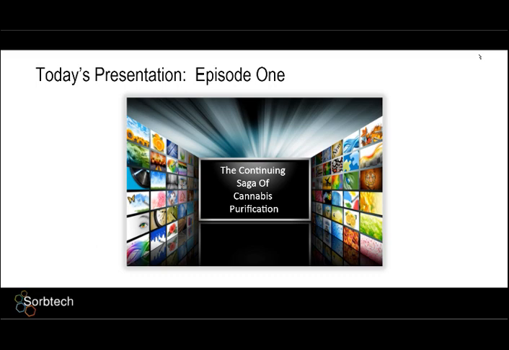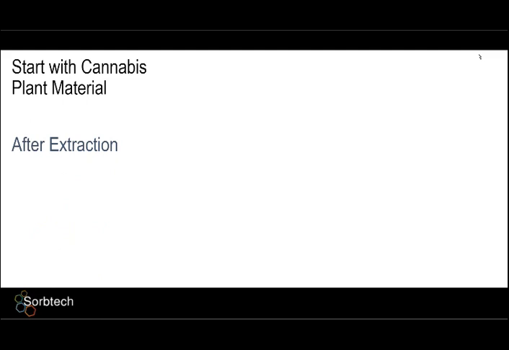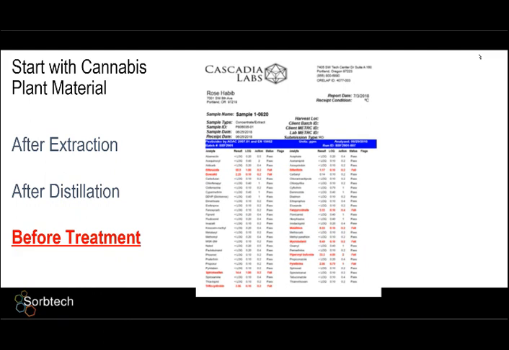Hello, everyone. So, starting with cannabis plant material, after extracting it and after distilling it, usually decarboxylating it, but before any treatment, we tested the material we were working with.